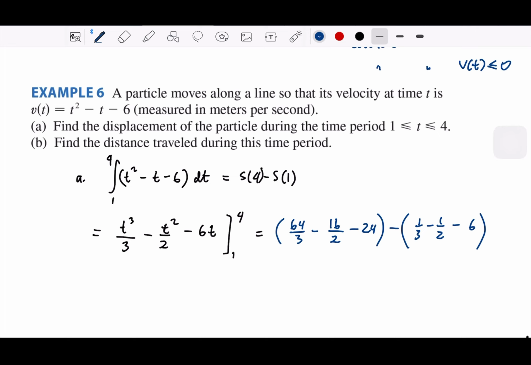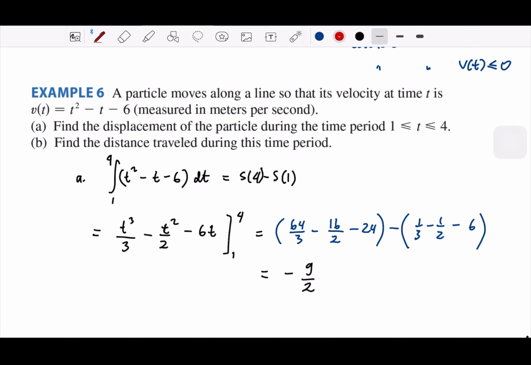When you compute this, the result will be negative 9/2. It means that if the particle moves positive to the right, then negative means it is going to the left.